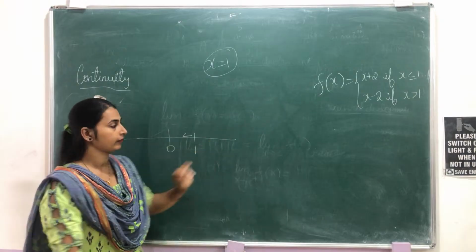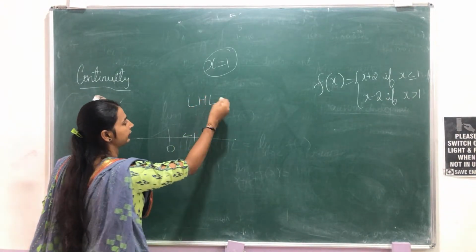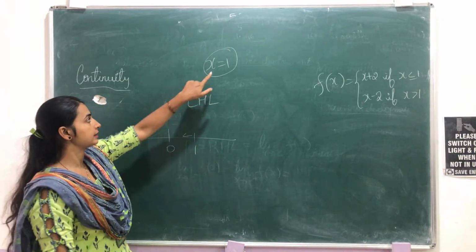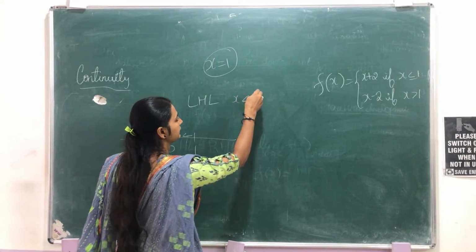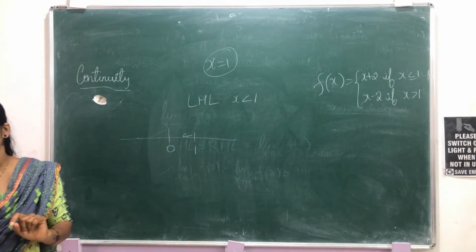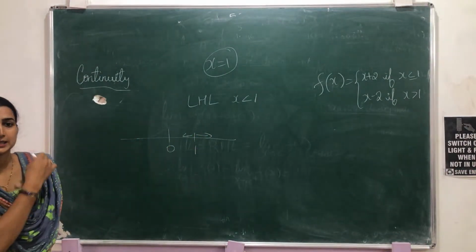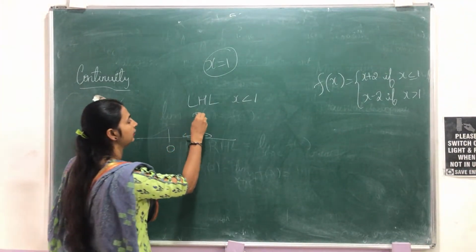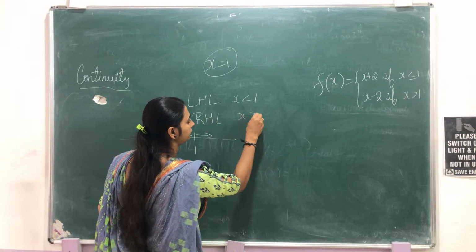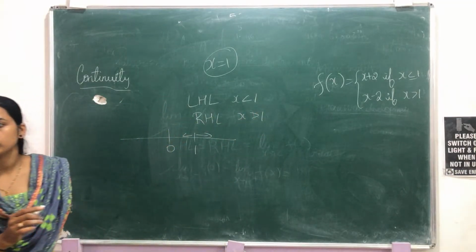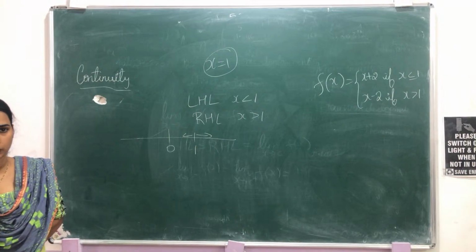Left side of 1 is called as less than 1. If we say less than 1, it is LHS. Left hand limit LHS. Here, since the point is 1, I can say that x less than 1 is called as LHS. The right side of 1, that means greater than 1, which is called as RHL. I am going to check whether the function is continuous or not.